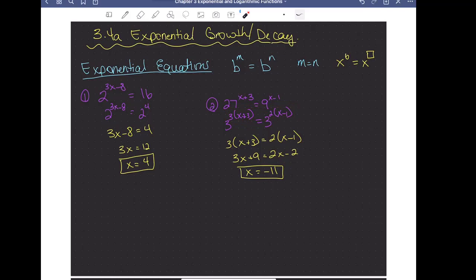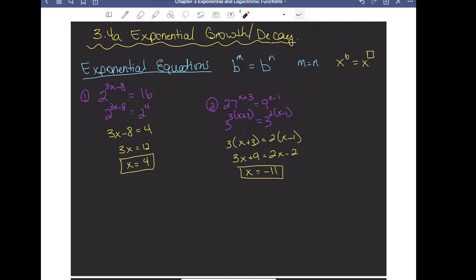Yep. Because if you wanted to check it, if I put in negative 11 for my x, it'll come out the same, right? Negative 11 plus 3 times 3, or negative 11 minus 1 times 2, I'm going to get the same number. Yep.